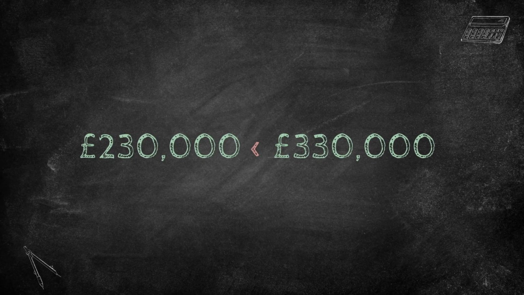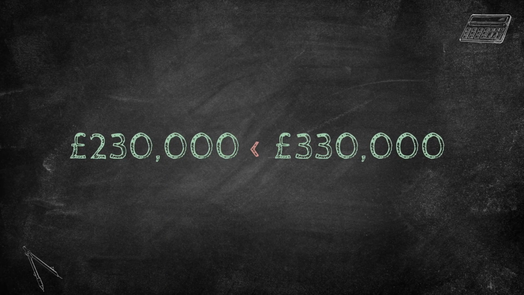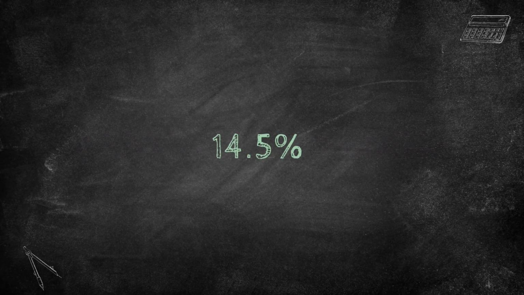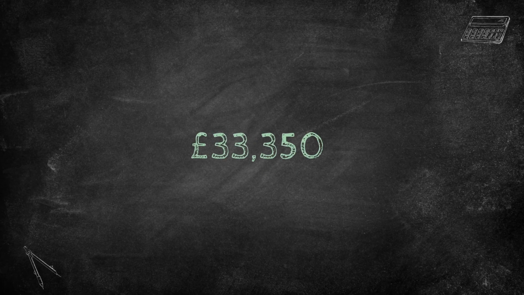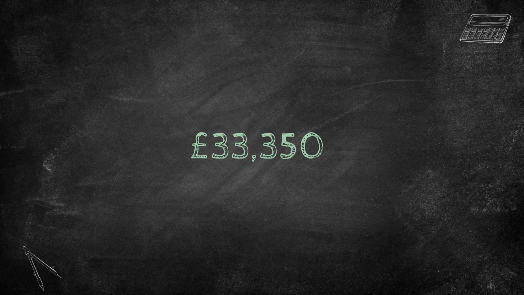Clearly 230k is lower than 330k. So if the 230k is surrendered for R&D cash credits at 14.5%, this would result in the company getting cash of £33,350. See, it's easy peasy.